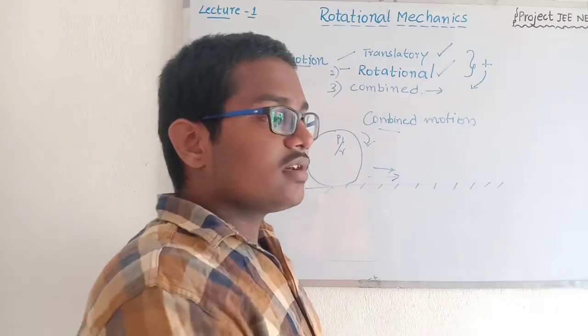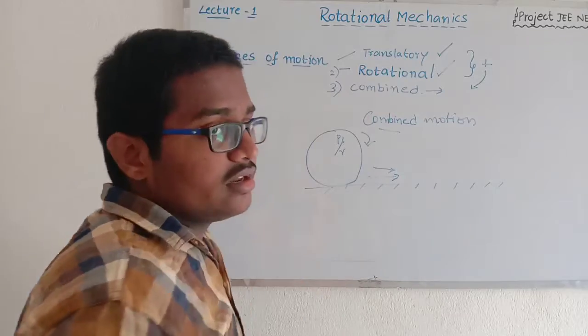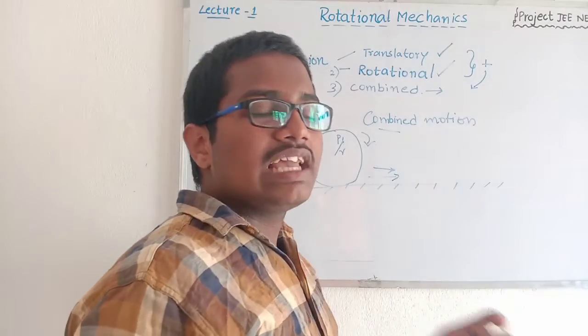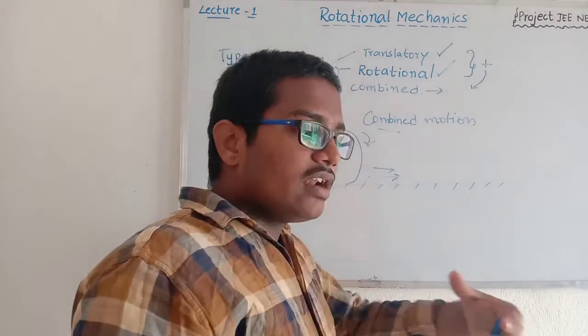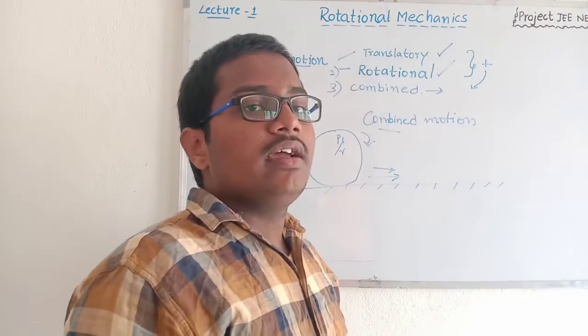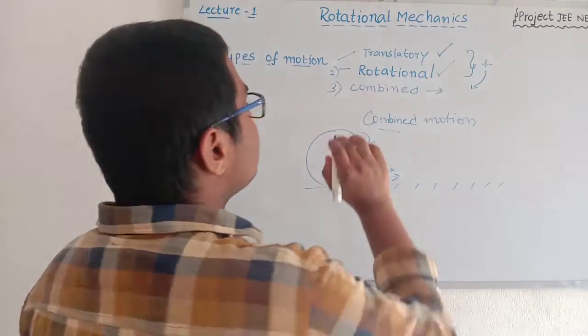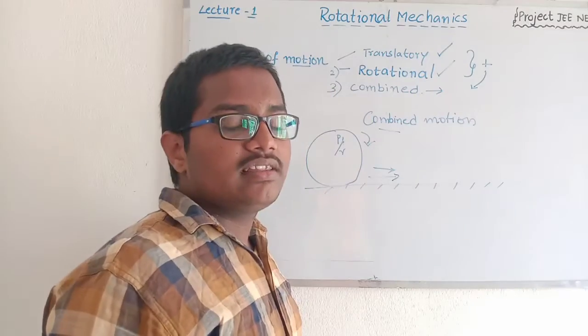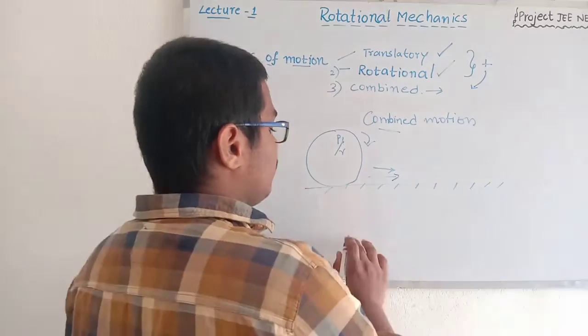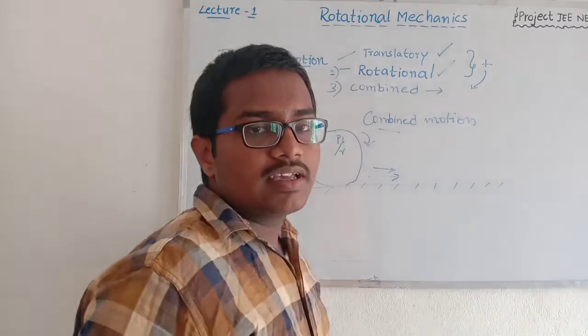So both types of motion continue simultaneously. Both are acting on the same body at the same time. That type of motion is combined motion. I hope you understand that best example, which is your motorcycle or your bicycle tire.